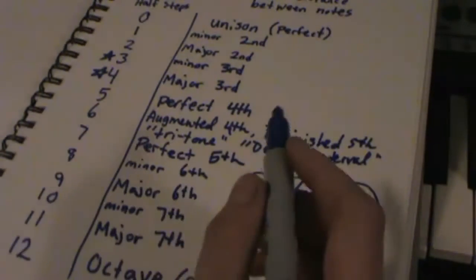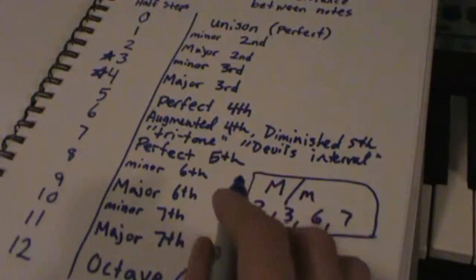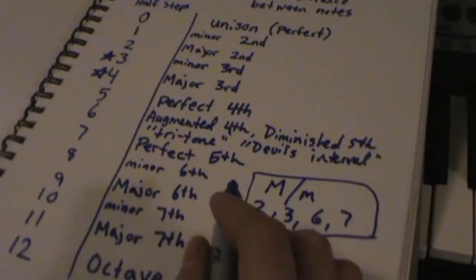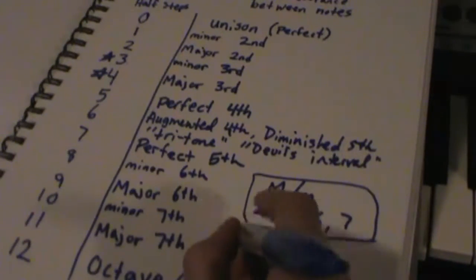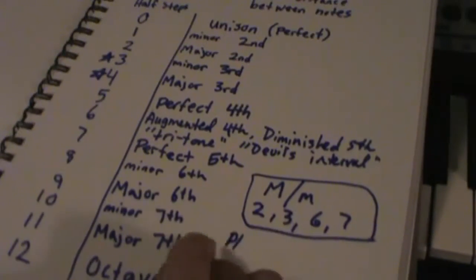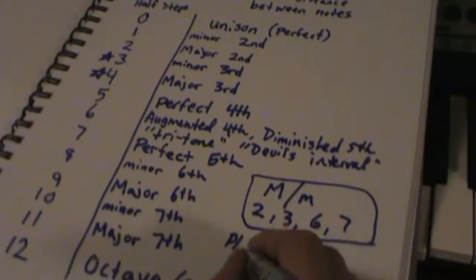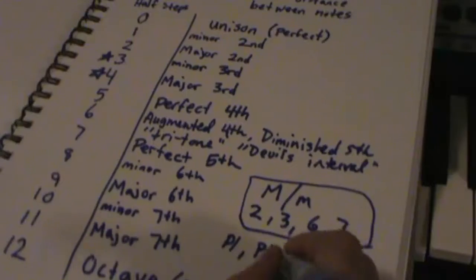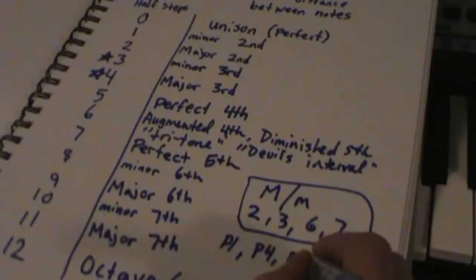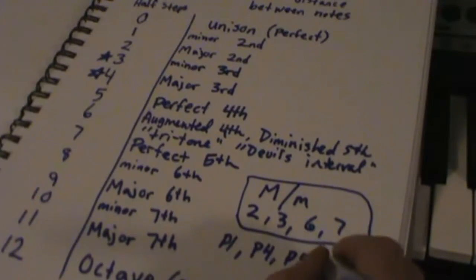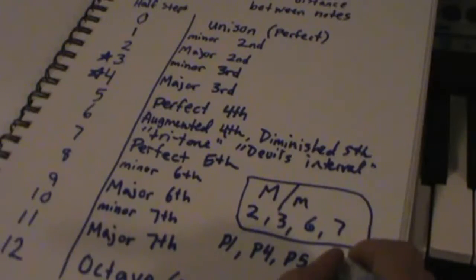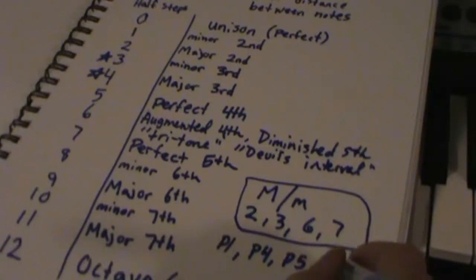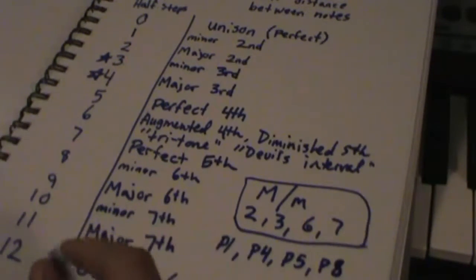There's a perfect version of unison, which, I mean, you could call it P1, perfect unison. Perfect fourth, perfect fifth, and perfect octave. And I'm going to actually call it P8. 8 is generally the number associated with octaves.